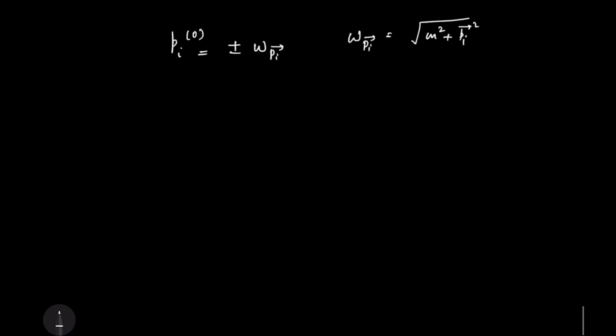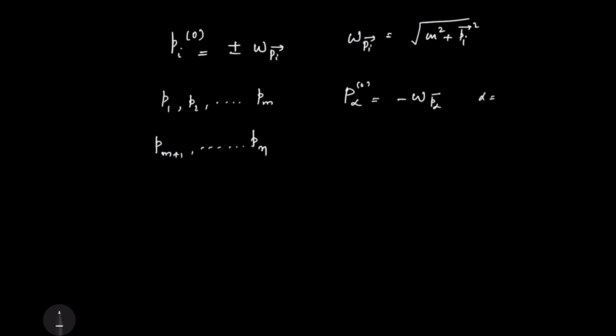So we can divide the momenta into two categories. The first one is p1, p2, etc. up to pm, and the next category is from p_{m+1}, p_{m+2}, etc. up to pn. The first category I can represent by p_alpha^0 equal to minus omega_{p_alpha}, that is the negative roots, where alpha is equal to 1, 2, 3 up to m.